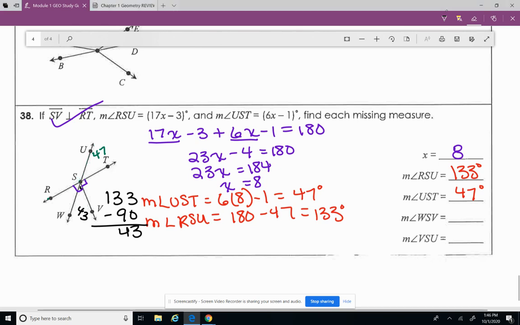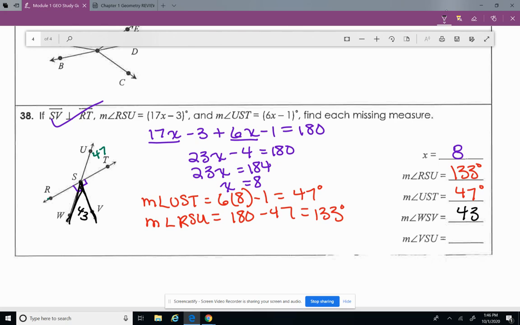I'm going to erase some of this. Now, they want to know what WSV is. Oh, yeah, they did ask for that one, didn't they? WSV. Okay, we can do that one, 43. I was thinking of VSU. This one.